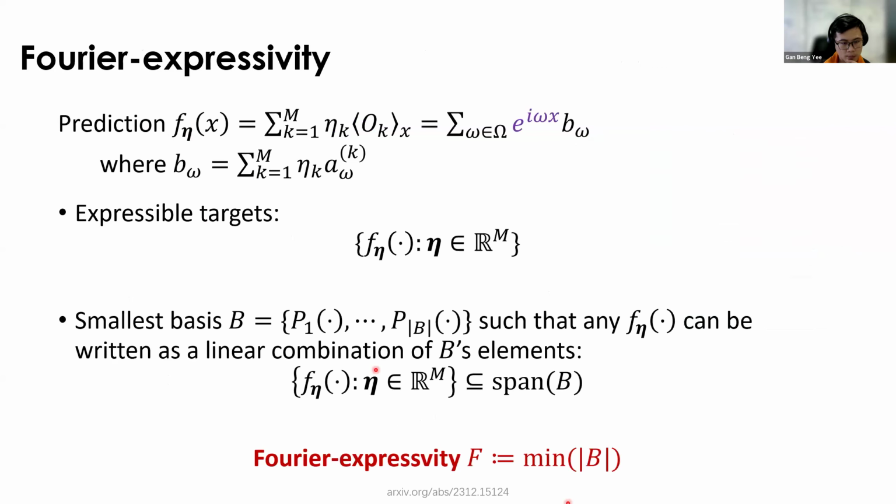Remember that the output of QELM is a linear combination of measurement outcomes. So it can be written as a Fourier series with different Fourier coefficients, and each coefficient is a linear combination of the coefficients of the observables' expectation values with the trainable weights eta.